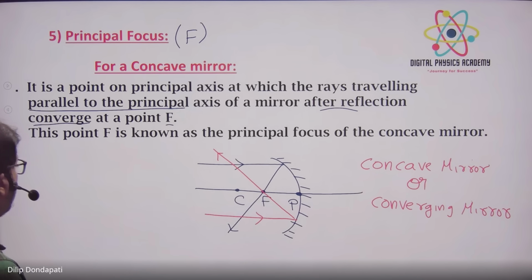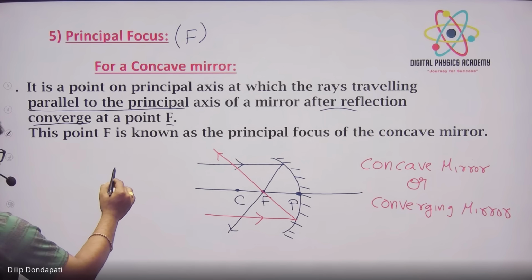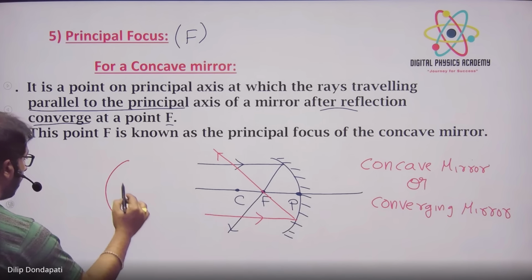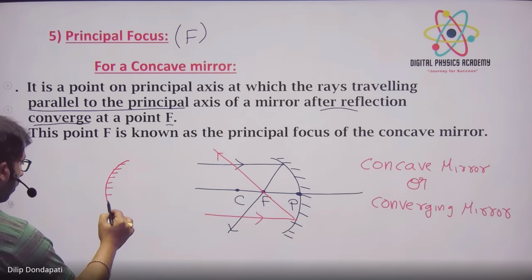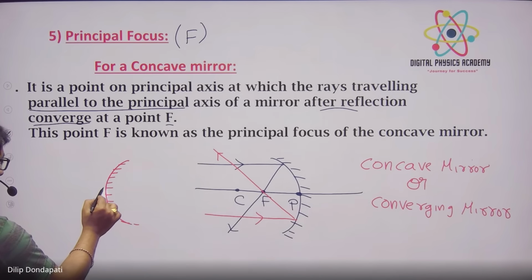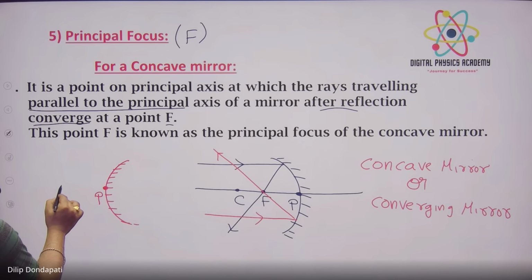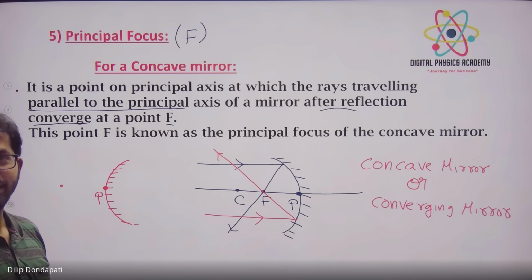Okay, same way, tell me. Now I am taking the convex mirror. Now tell me what this point is called? Pole. Now what is this point called?